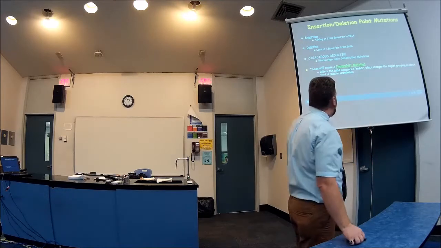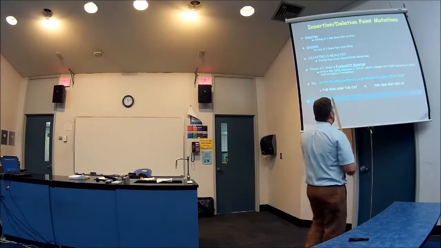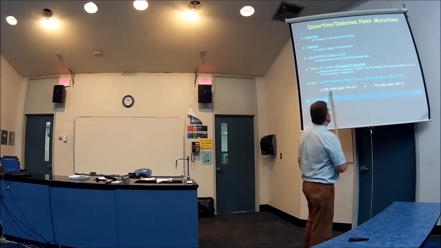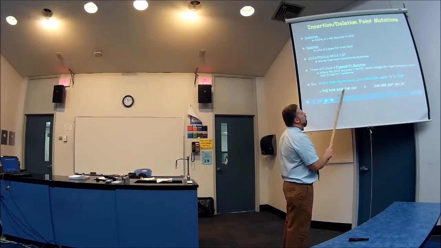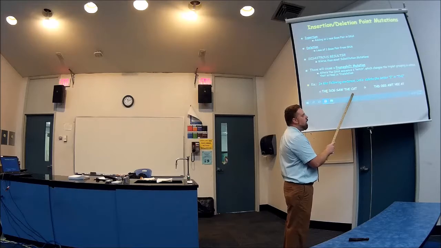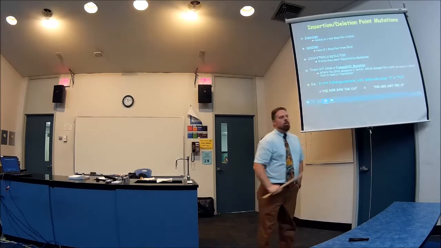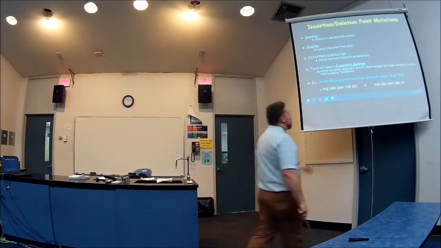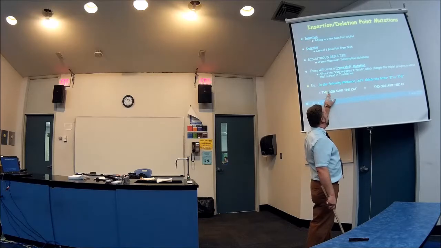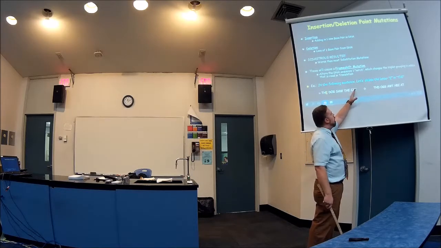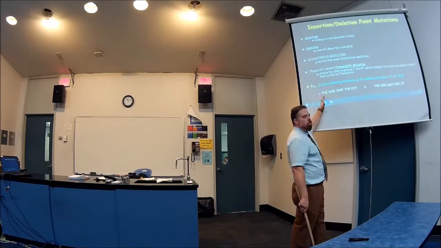Let me show you what I mean. Okay? Here's an example. If we have this in a sentence, if this sentence says, the dog saw the cat, but I want to delete this E over here in that word the, that means the rest of this, if you have to follow this by threes, then everything gets shifted.